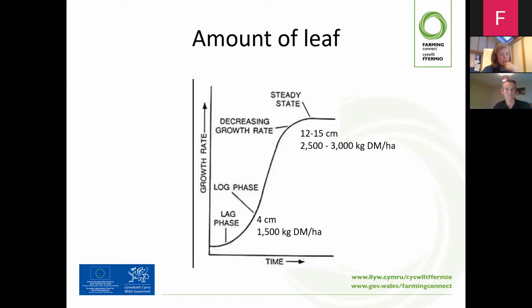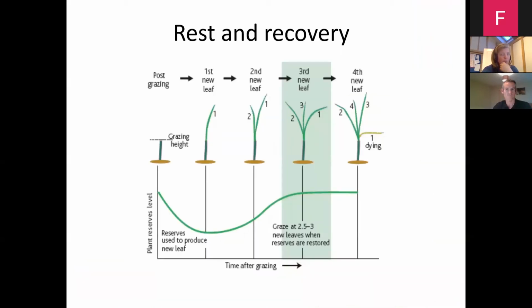The challenge is when we go below 4 centimetres and then want that grass to respond quickly; it just needs to get itself into the right stage. This slide indicates it. A grass plant puts a first leaf up, a second leaf up, a third leaf up, and then hopefully it's eaten and the process starts again.